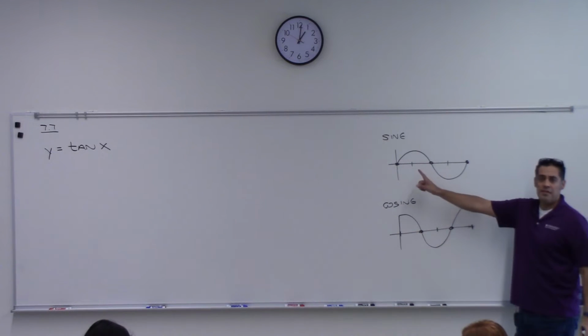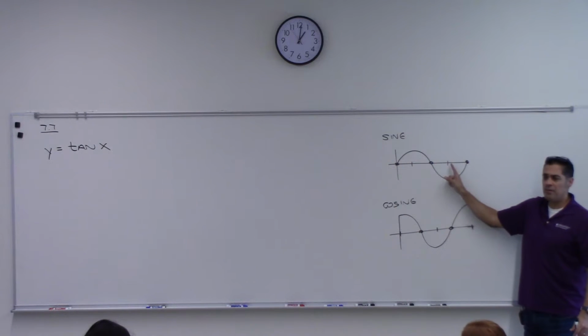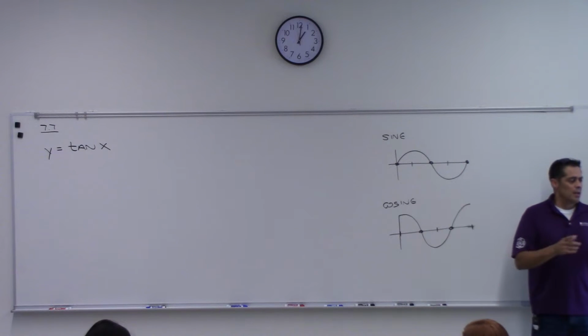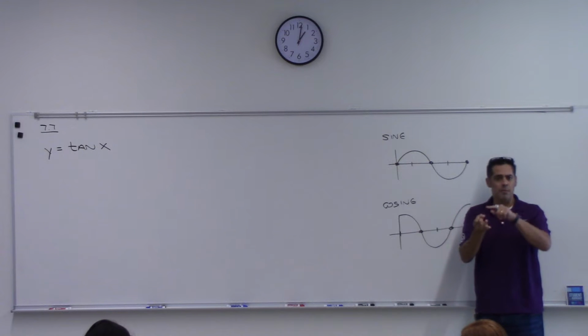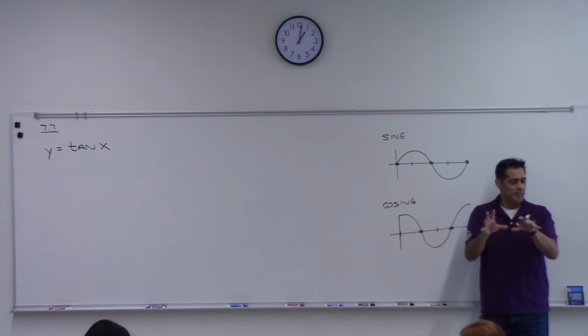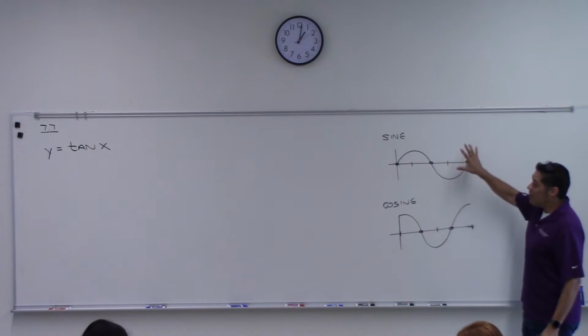It has the same important points: 0, pi over 2, pi, 3 pi over 2, and 2 pi. And so that's why when we're graphing sine and cosine, the first thing we do is set the argument equal to 0, pi over 2, pi, 3 pi over 2, and 2 pi. That's the kind of approach we've been taking with it.